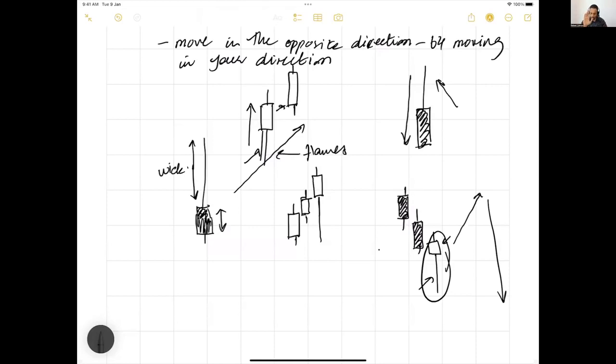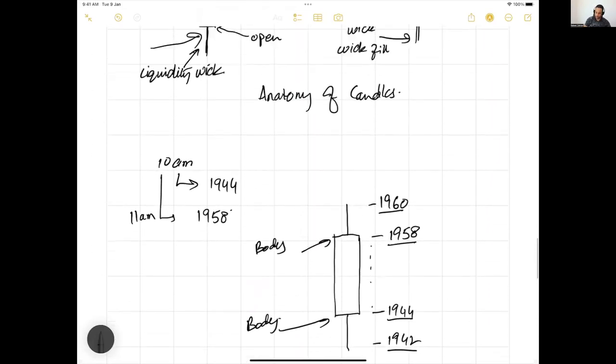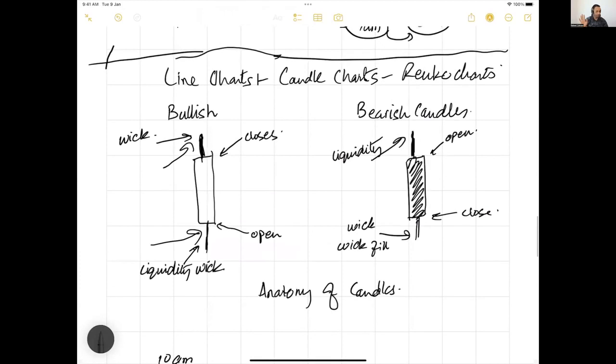The only thing I want you guys to take from this is the types of candles that we have. We have your bullish candle and your bearish candle, and that's about it. Bullish means price is going to move bullish. Bearish means price is going to move bearish, that means down.